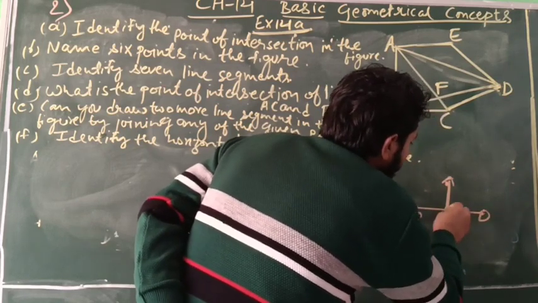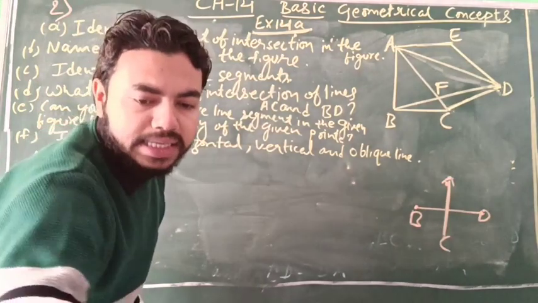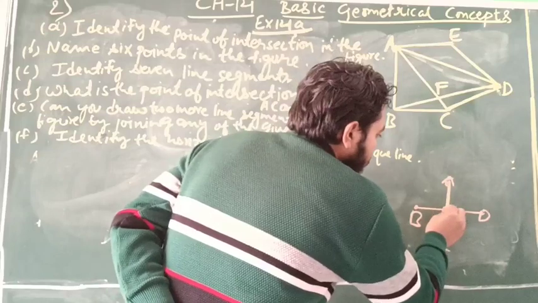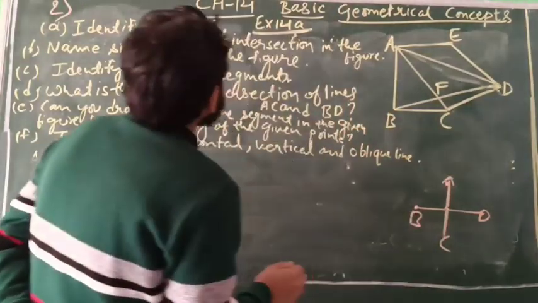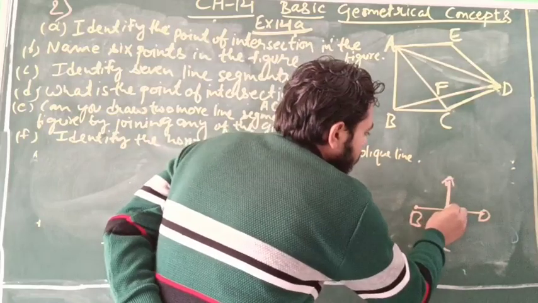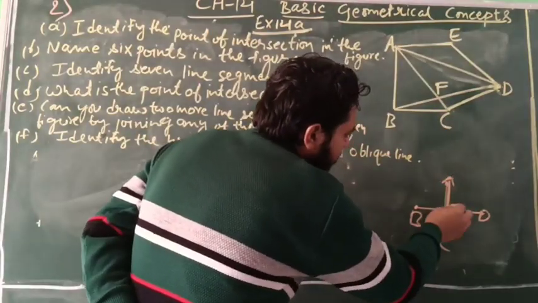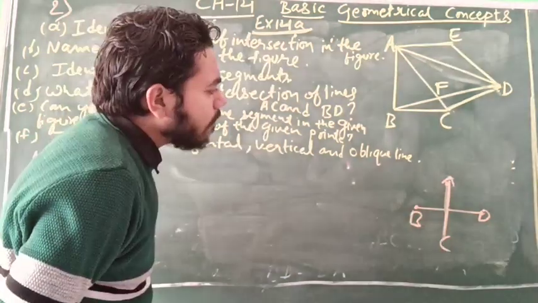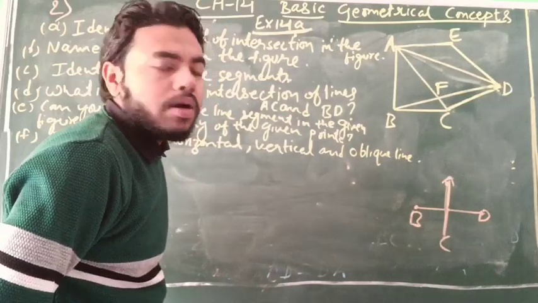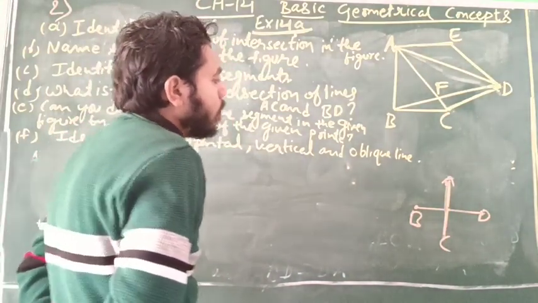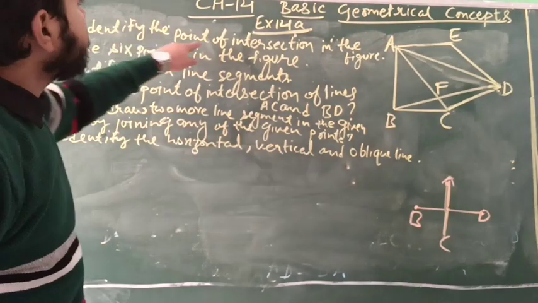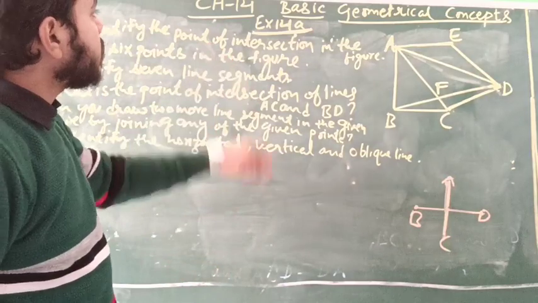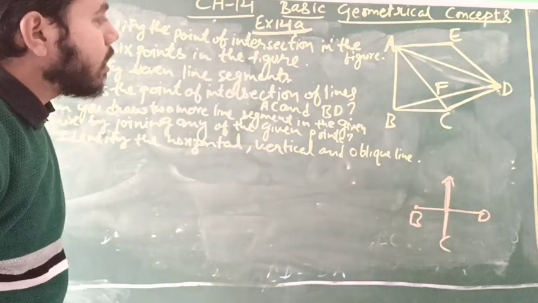When they meet, or when they cut each other, that point is called the intersection point. So we have to identify the point of intersection in the given figure, or just count the number of points of intersection.